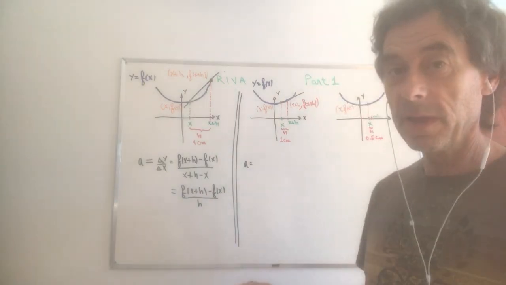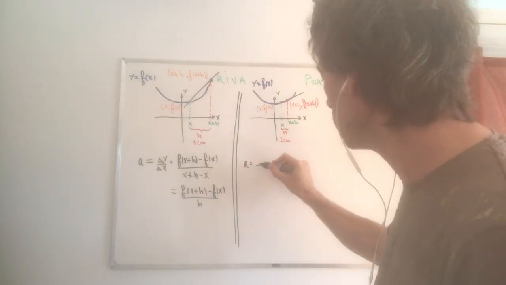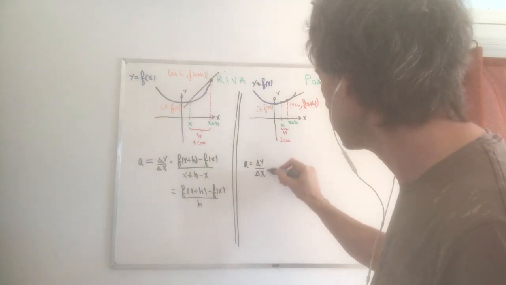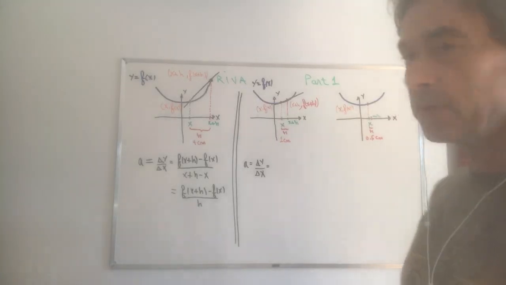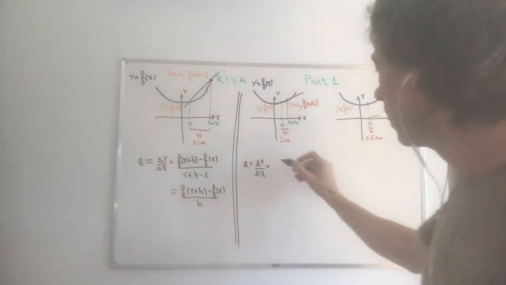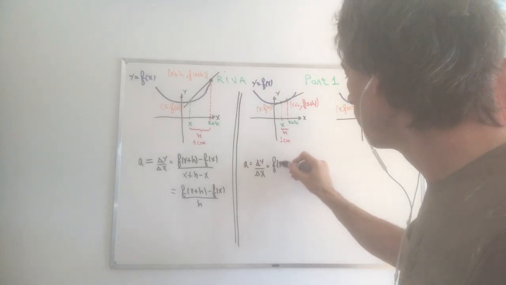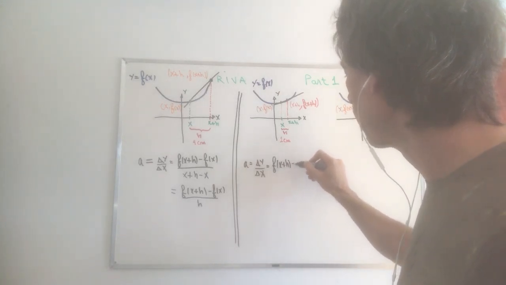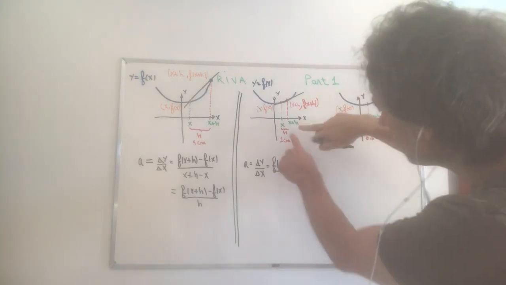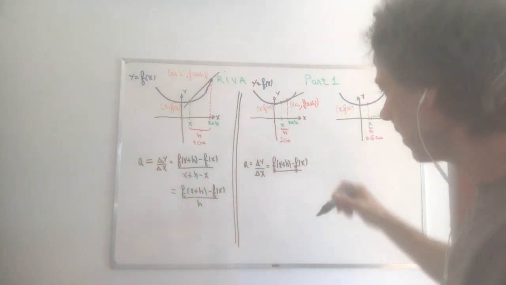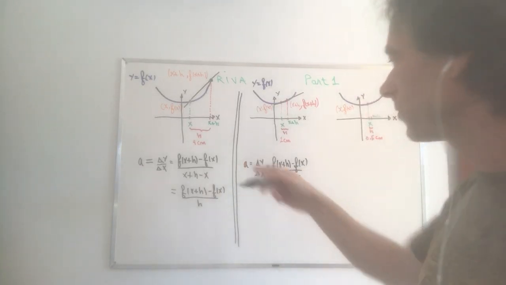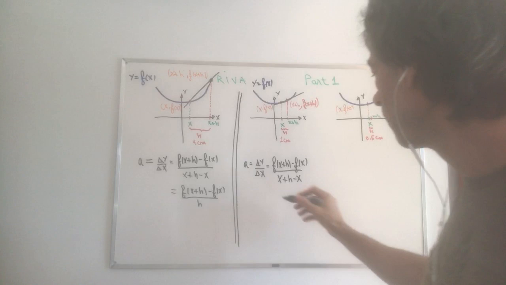Mind you, the formula has not changed since 5 minutes ago, so it's delta y over delta x. So the difference of the y's, here's a y here, here's a y there. So f of x plus h minus f of x, over the difference of the x's. Here's an x here, here's an x there. So x plus h, again, minus x. No change from the one before, same formula.